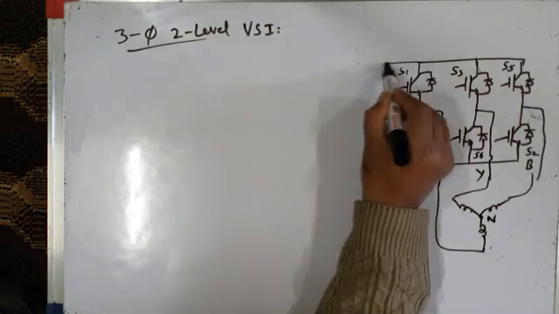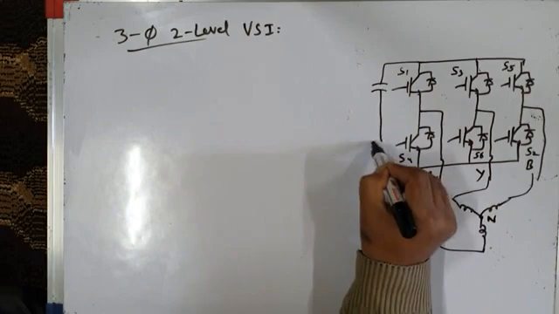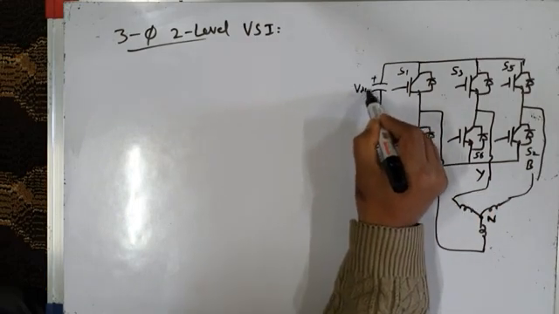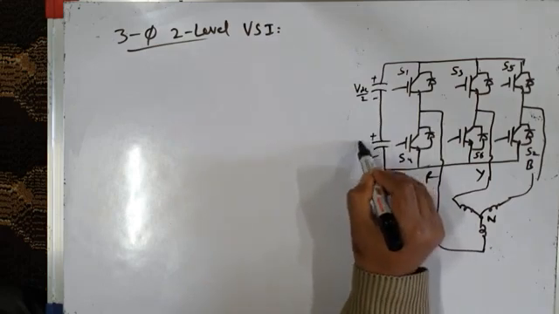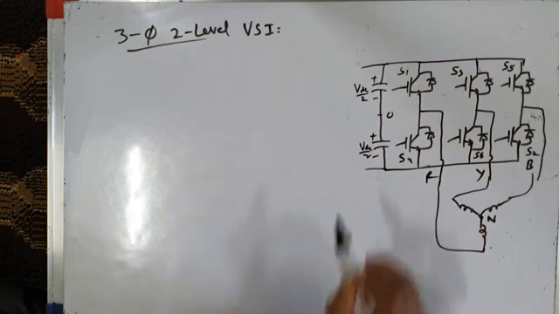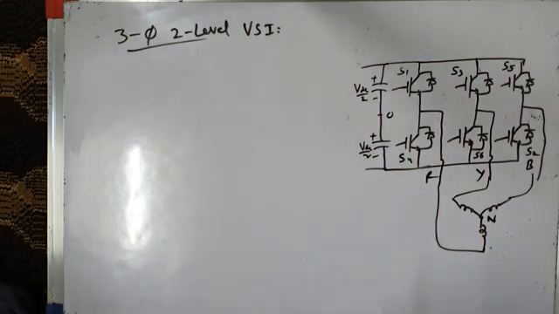Here I have the DC bus, and these are DC bus capacitors with voltage VDC by 2 and VDC by 2, and this is the midpoint of your DC bus.